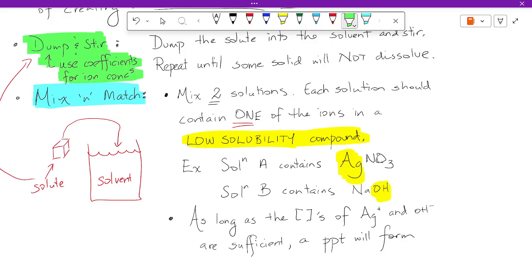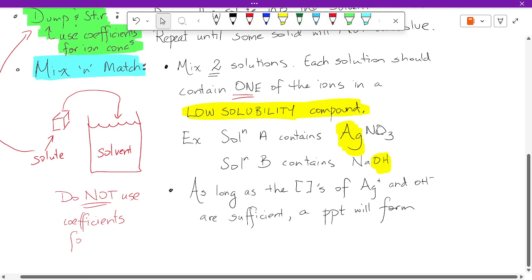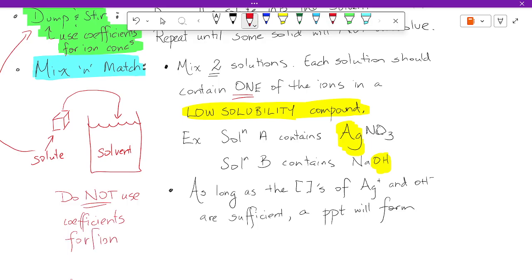Mix and match, do we use the coefficients? No. Is good.